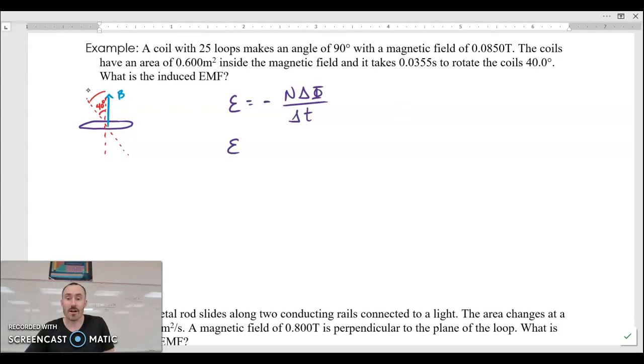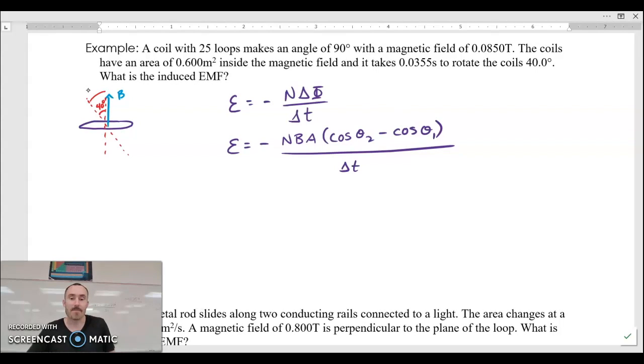So we've got EMF equals negative N B A times the change, cosine theta 2 minus cosine theta 1, and all of that is divided by the change in time. This is the version of Faraday's law that we need for this situation, because it's the angle that's changing. And now that we've done our diagram and figured out what theta 1 and theta 2 need to be, we can just put all the numbers into the formula in the right place.